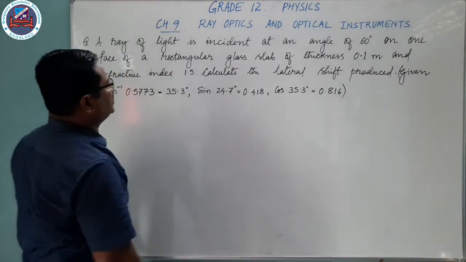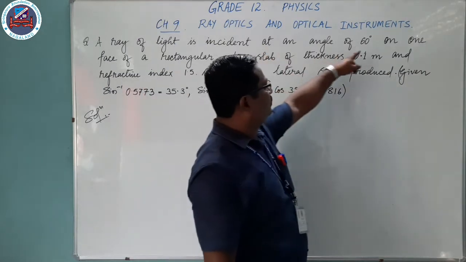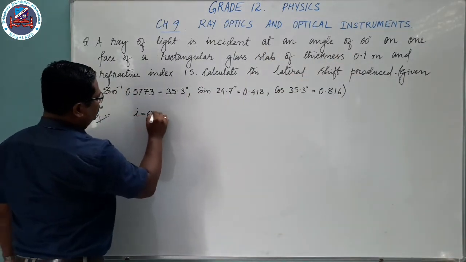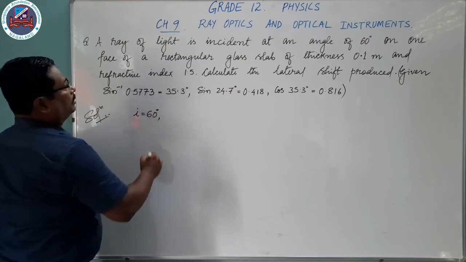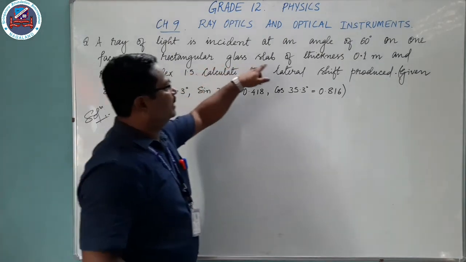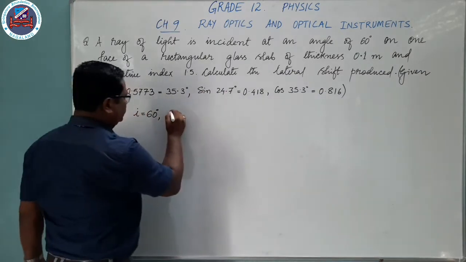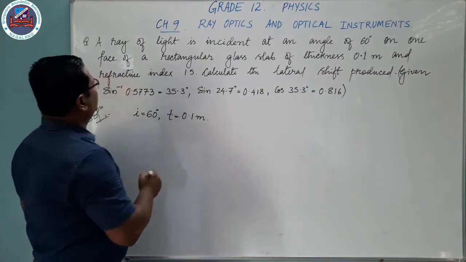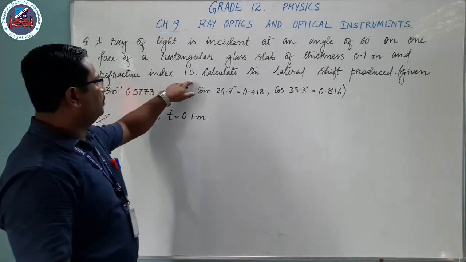A ray of light is incident at an angle of 60 degrees. So you know the angle of incidence I is equal to 60 degrees, on one face of a rectangular glass slab of thickness 0.1 meter and refractive index 1.5.